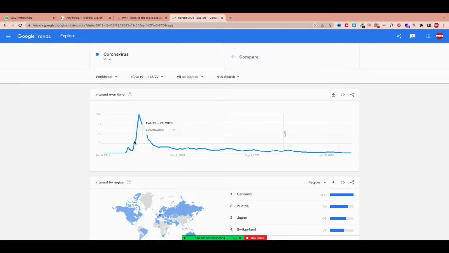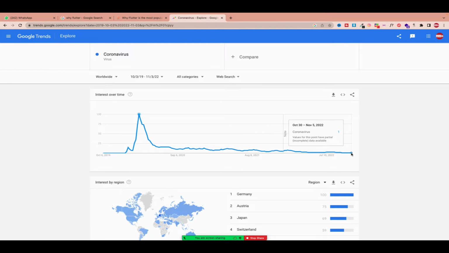So people searched. If you wanted to open a business at this time, you wouldn't know where you could invest. These were the searches, like 100 searches per second. Then you see it came dropping. People got used to it until now, and you see now no one is searching.